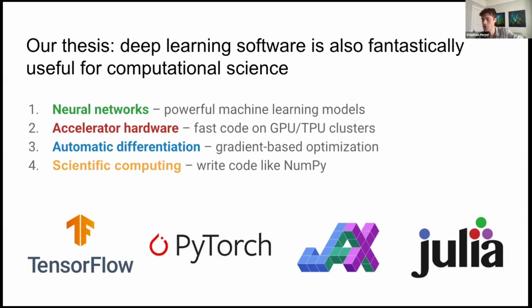And they're also fundamentally tools for doing scientific computing. All these popular deep learning frameworks like TensorFlow, PyTorch, JAX, write code that looks very similar to the code we'd write for science as well, at a pretty high level in languages like Python.